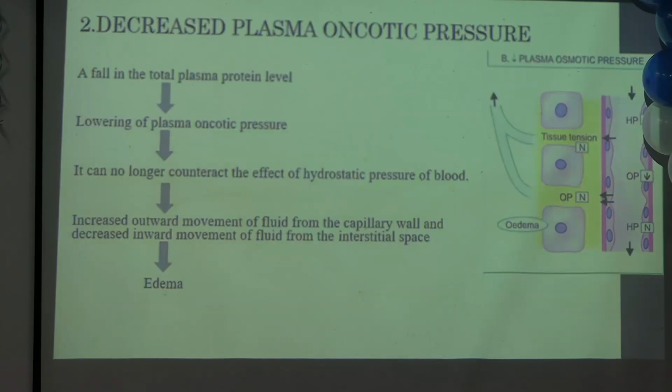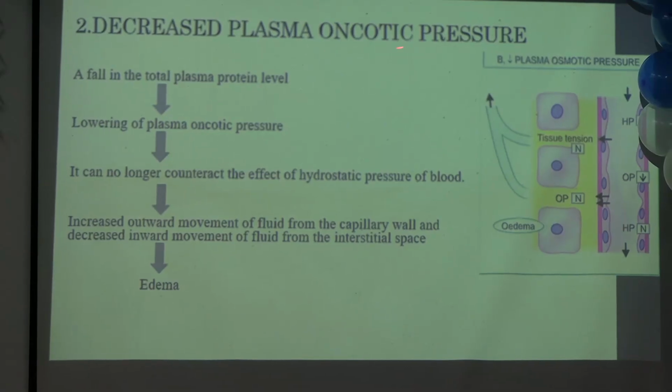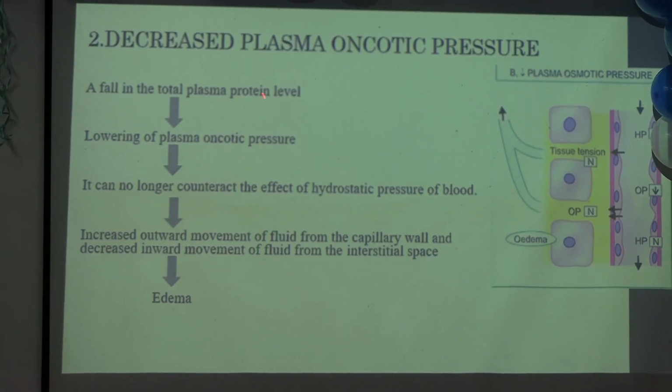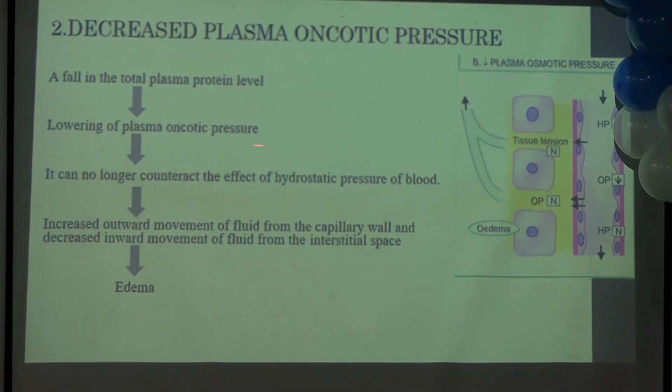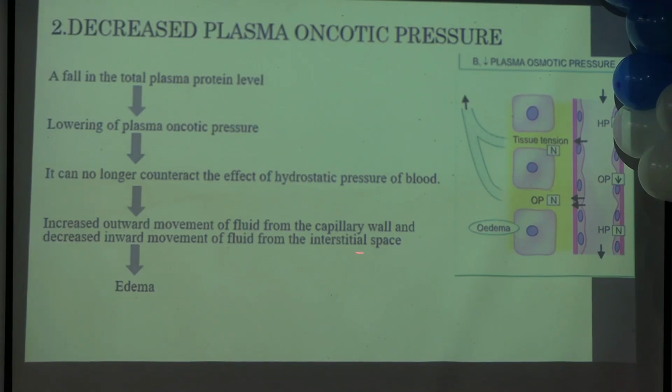Okay. So next is the decreased plasma oncotic pressure. There will be lowering of the plasma oncotic pressure and it will no longer be able to counteract the effect of hydrostatic pressure, leading to an increased outward movement of the fluid from the capillary wall and decreased inward movement of the fluid from the interstitial space. So we will have reduced proteins.